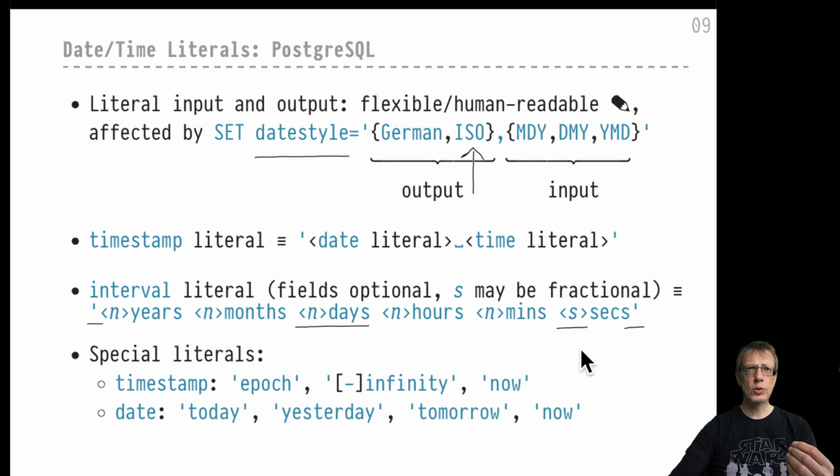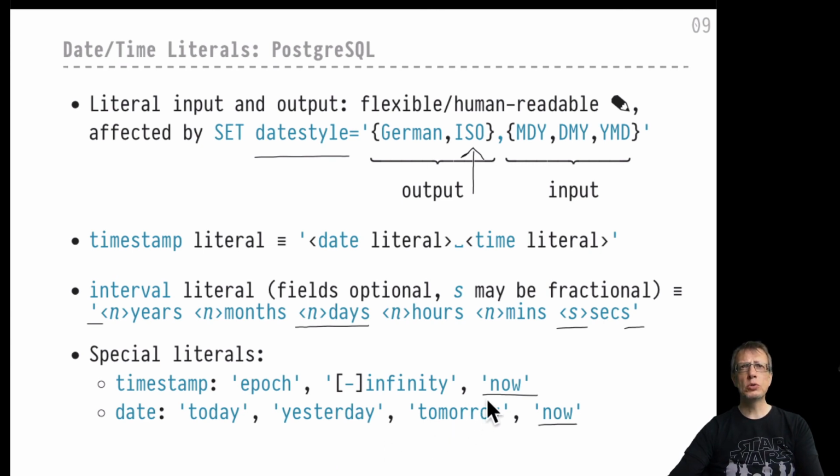There's quite a number of special literals provided by the system that represent particular timestamps or particular dates. So for example, the now literal can be interpreted as a date, which would be the current system date of the system currently running PostgreSQL.